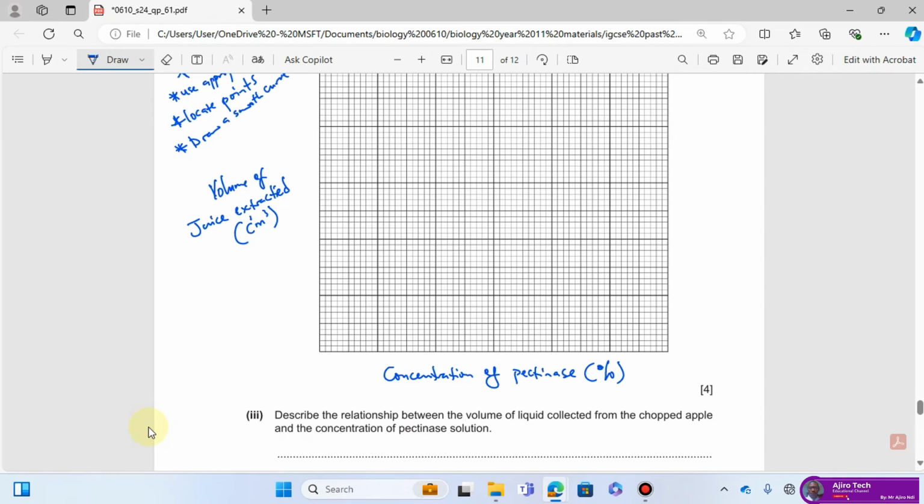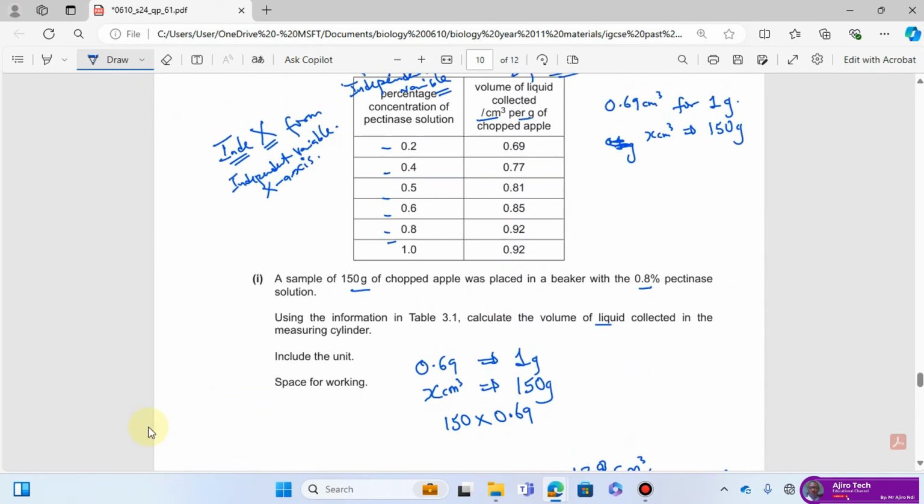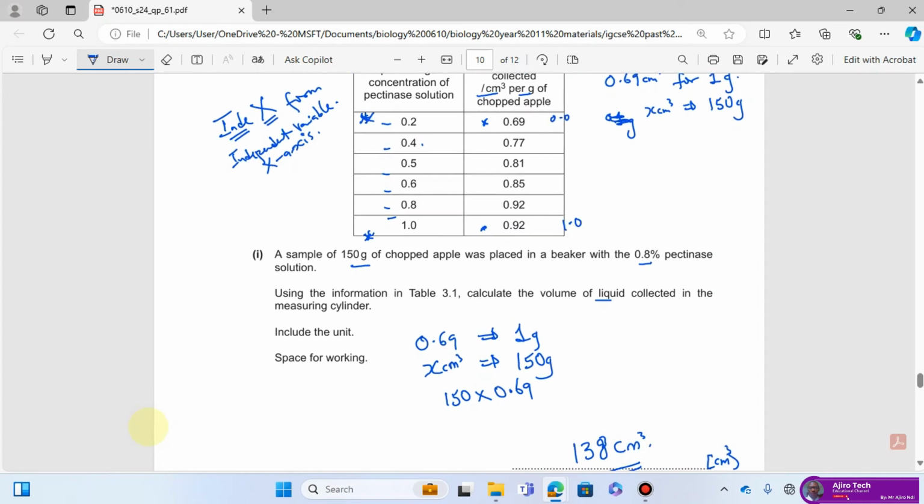The next thing is use an appropriate scale, and scaling is very important. We have the lowest value from 0.2 and the highest value to 1.0. I have 1, 2, 3, 4, 5, 6 graduations. For the other one, you have between 0.6 to about 0.9. That's between 0.0 all the way to 1.0. So we go this way.